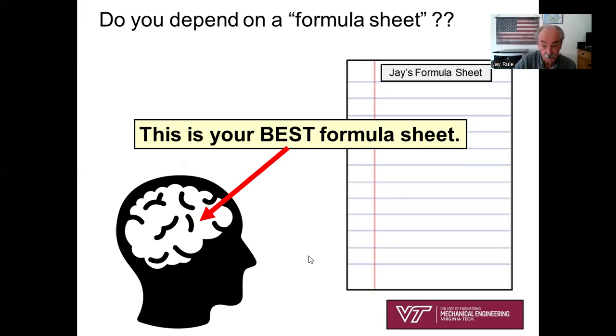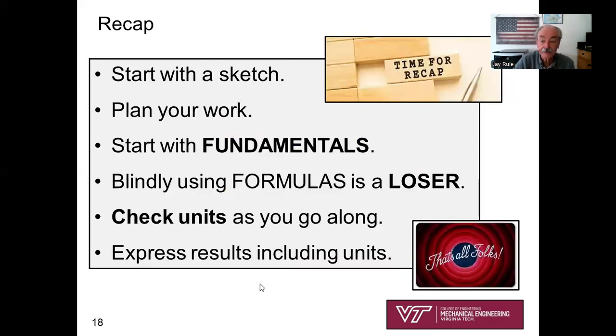So that's my advice for you for today as you're working through homework, getting better at performing on quizzes and tests. So what's the summary of this worked out problem from chapter 2? Start with a sketch. Always start with some kind of sketch. Plan your work. Don't just start putting numbers down on paper. Start with the fundamentals. On this problem, we used work equals the integral of PDV for a closed system undergoing a quasi-equilibrium process.